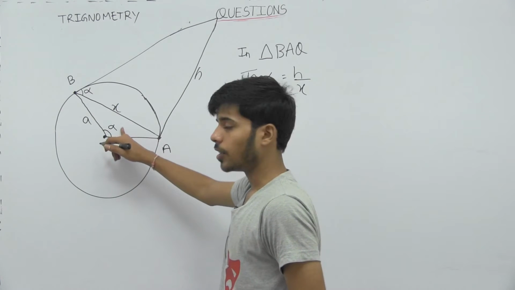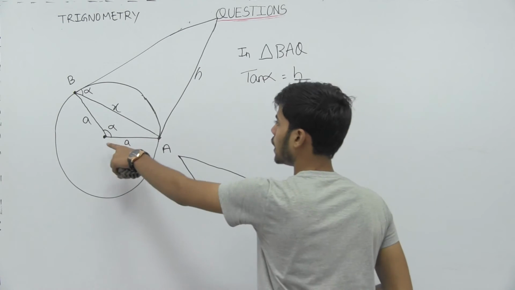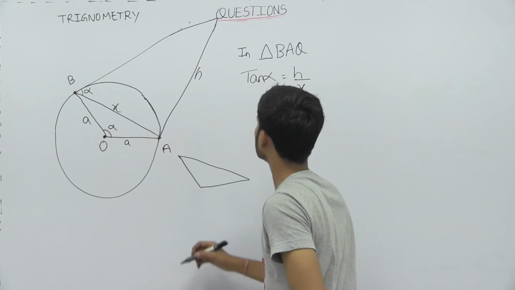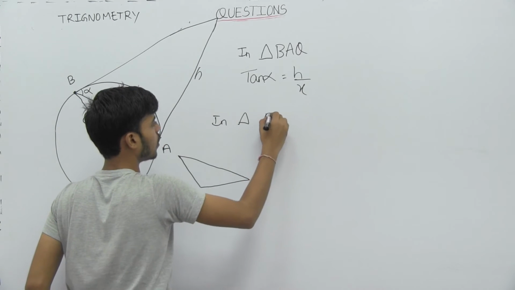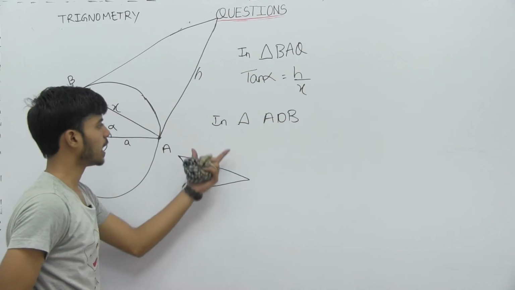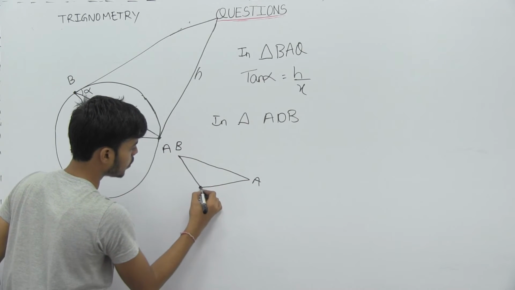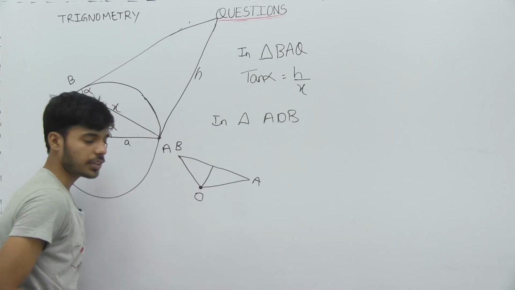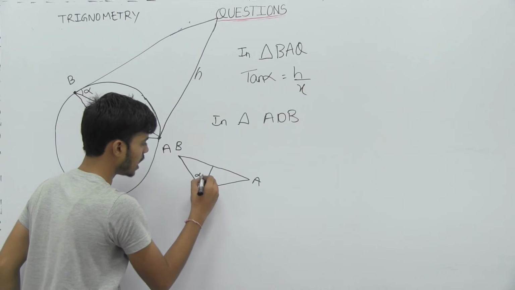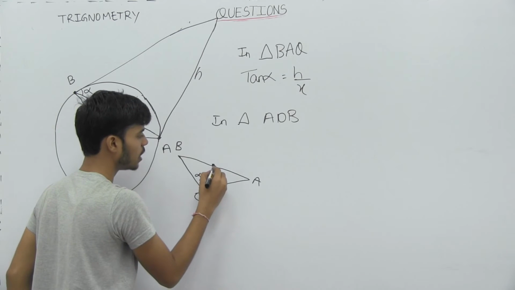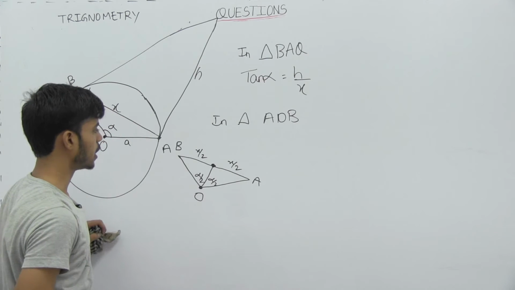Now as we know this is alpha in triangle, this is O. So in triangle AOB, this is A, this is O, this is B. This point, if we draw the angle dividing into two parts, alpha, so this is alpha by 2 and alpha by 2, this would connect at midpoint, so this would become x by 2 and this is x by 2.